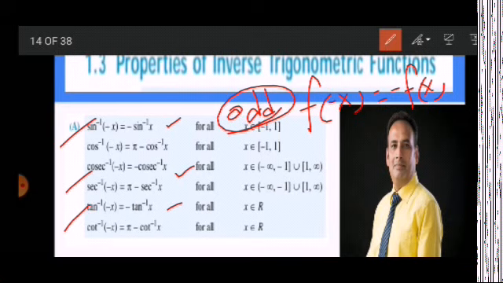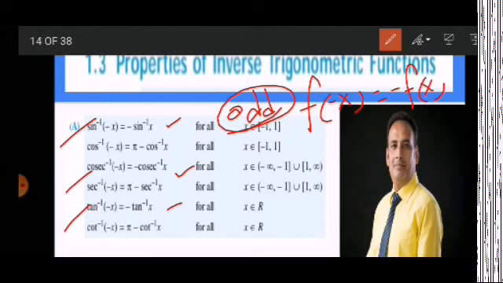So whatever the angle, just like sine inverse 1 by 2 and sine inverse minus 1 by 2: sine inverse 1 by 2 is pi by 6, and sine inverse minus 1 by 2 is minus pi by 6, meaning minus 30 degrees. As the inverse functions sine inverse, cosec inverse and tan inverse share the first and fourth quadrants, whatever angle lies in the first quadrant, the same magnitude with a negative sign lies in the fourth quadrant.